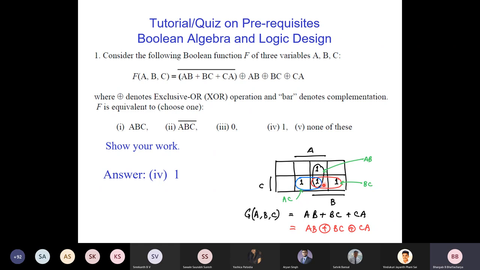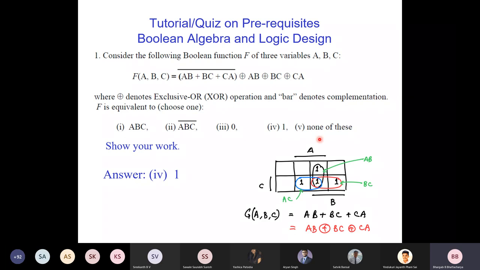For the time being, forget about this one. I'm just considering this product term AB and the second product term BC and taking the XOR. The intersection 1 will become 0, this will become 0, right? Because the common portion will disappear. Exclusive OR means the common portion will disappear. So when I take exclusive OR between AB and BC, this minterm and this minterm will be present. The common minterm will disappear.